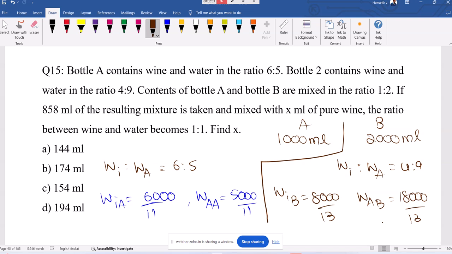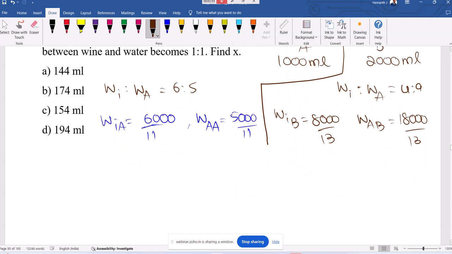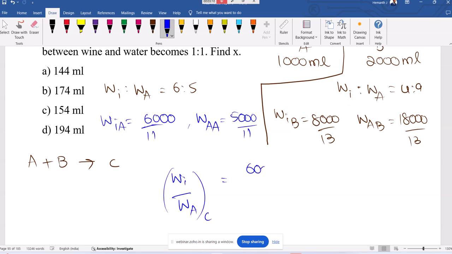Now these two are mixed. Let's say A and B are mixed into a can called C. Now in vessel C, what is wine and water? Wine is wine in A plus wine in B, and water is water in A plus water in B.